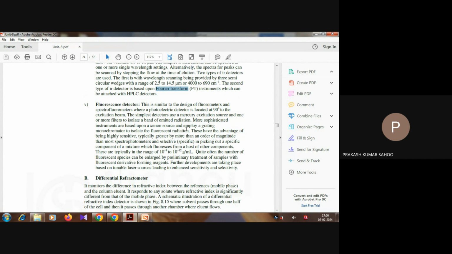Then the fluorescence detector: we excite the ground state electron to a higher excited state, and that electron comes back to its original state by releasing the energy it gained, and through that energy we can have a fluorescence effect or phosphorescence effect. This is very beautifully explained in the Jablonski diagram, in your photochemistry part.